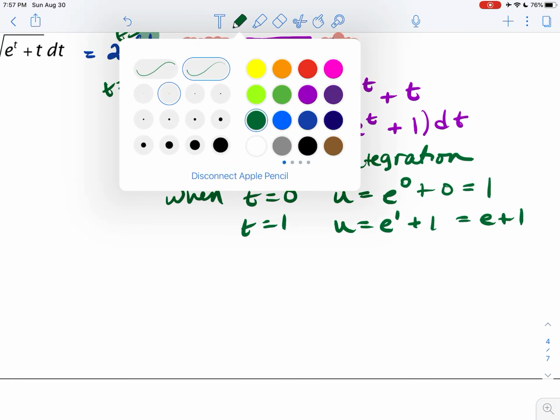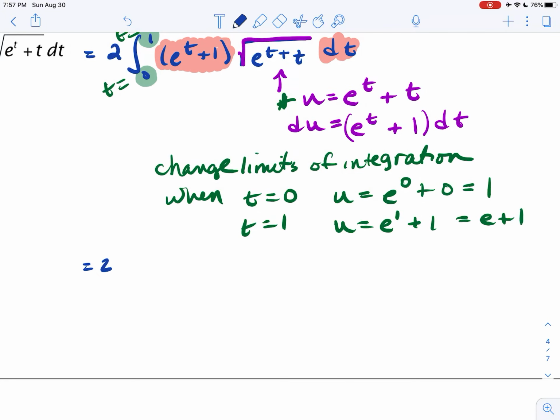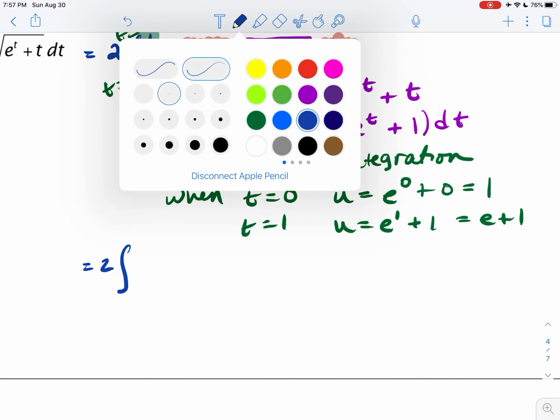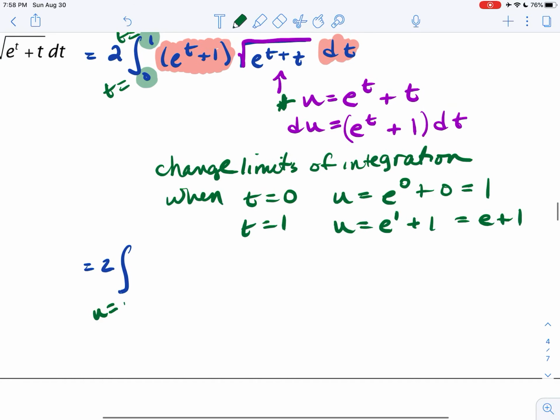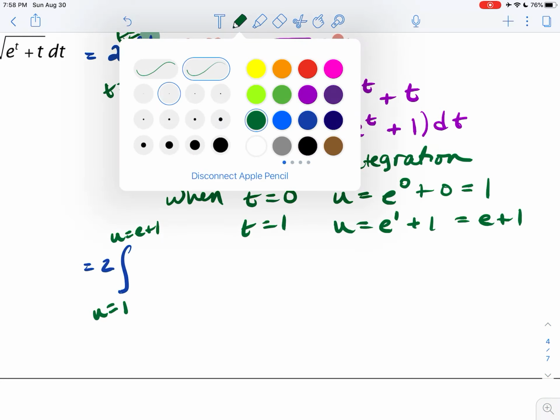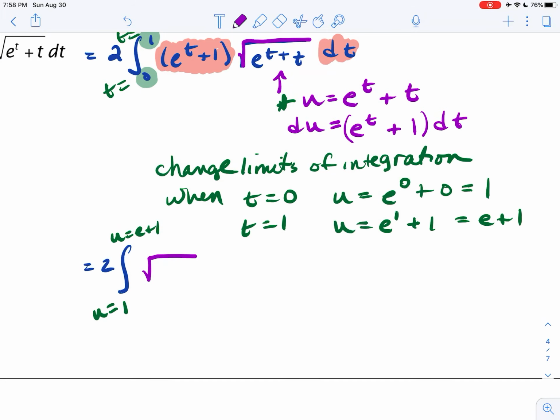So then when I transform my integral, I end up with 2 times the integral, and now I'm going to use u equal to 1 to u equal to e plus 1, and I have my square root, and what's underneath my radical is just u, and then on the outside I have du. Good.